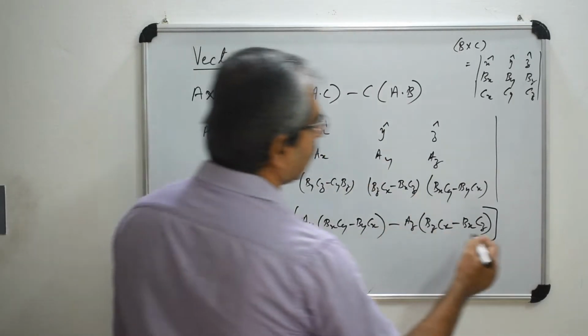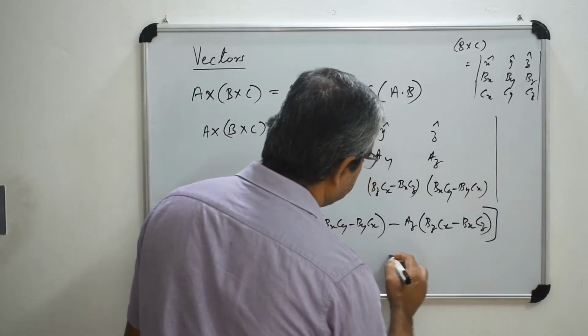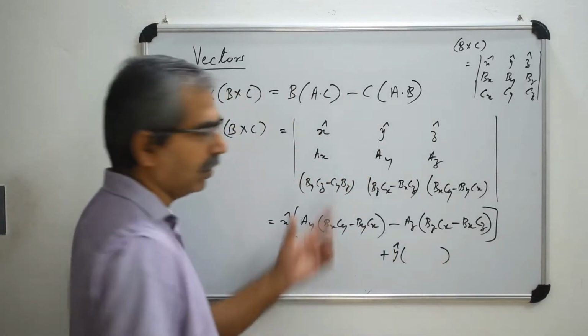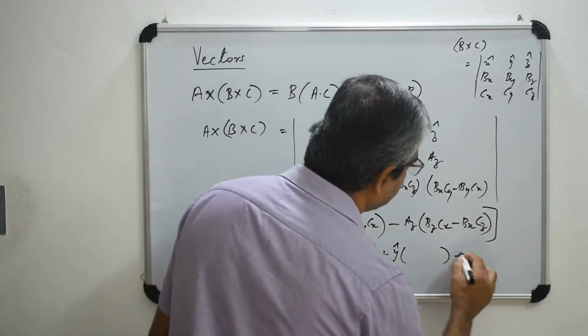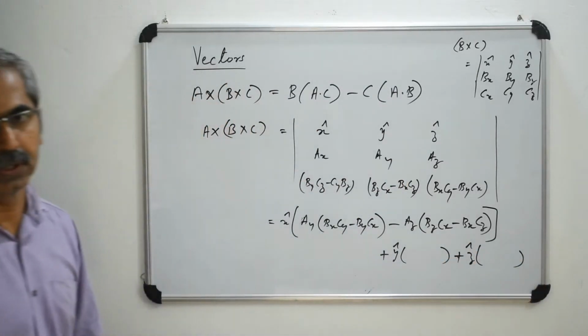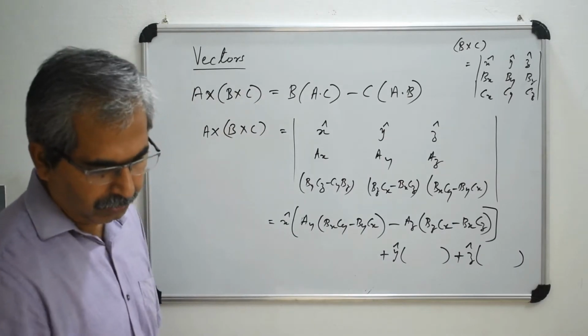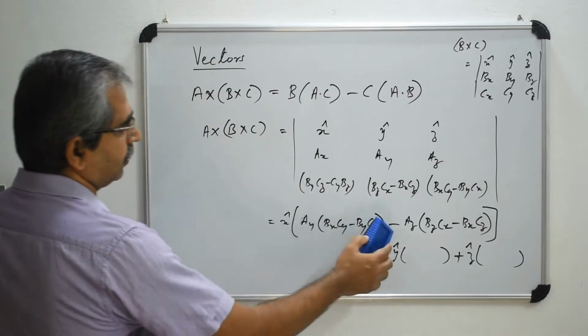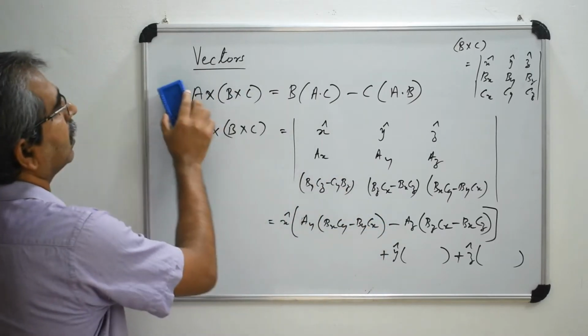Now plus we can write similarly the Y component and the Z component also. I am not writing that. Plus Z cap into the third component. Now you expand the first one.